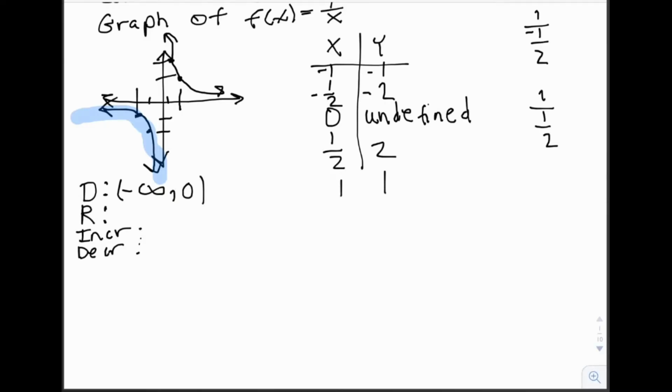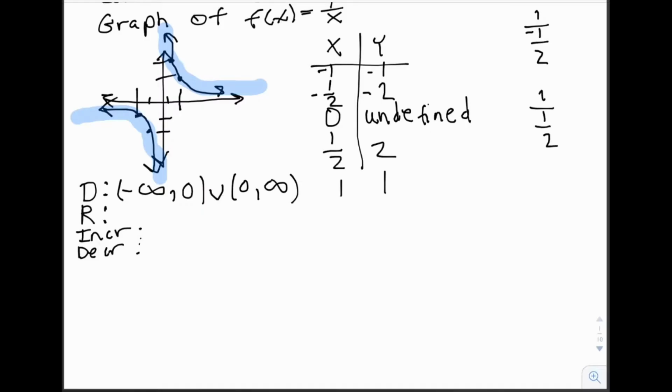And if we continue to go left to right, we're going to start really close to 0, not touching it, and then continue out to positive infinity. So we need to include another interval using the union, and this will be 0 all the way to infinity.